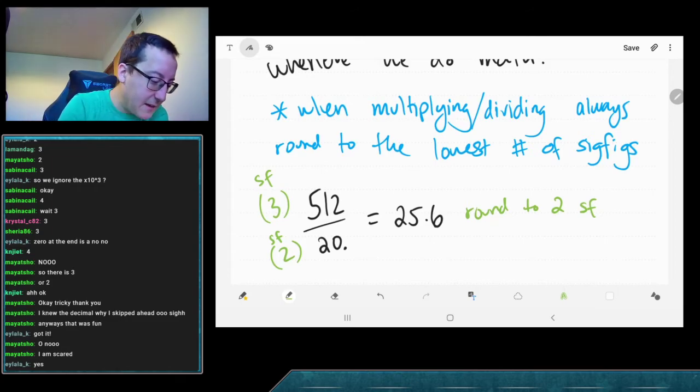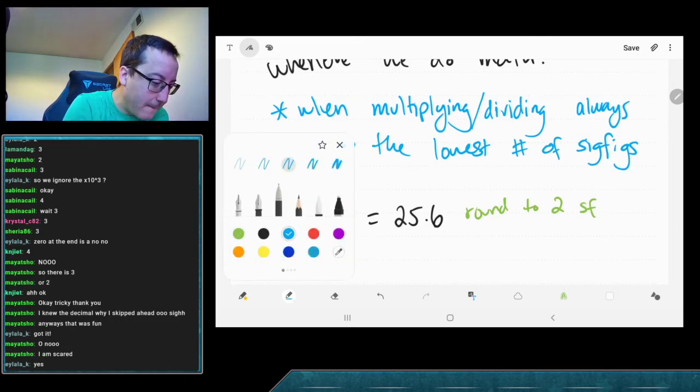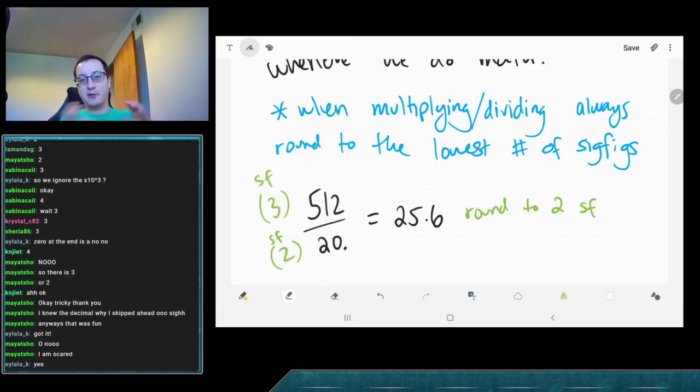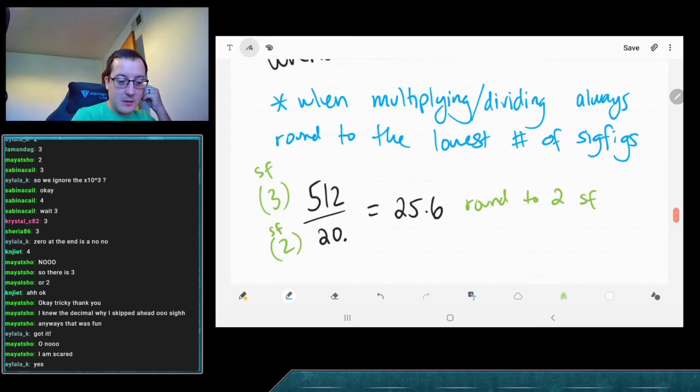Anytime we are rounding, the ones on the left are more important, right? The 2 and the 5 are more certain. We always remember the last digit is the least certain. So we know we're going to keep this 2 and the 5.